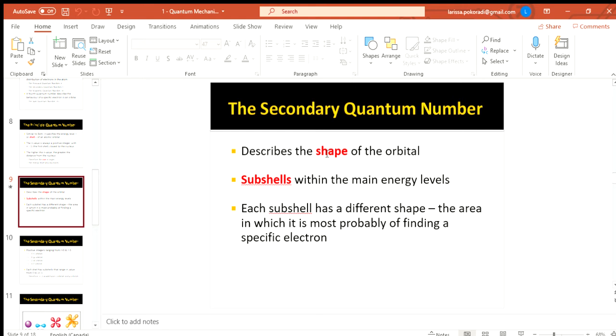So the secondary quantum number is the subshell, but more so what we're seeing is the different shape. Because magnesium, our first example, is such a small element, only 12 electrons, there are actually more shapes than the ones we saw. So we'll get to that in a couple of slides, and I think you can see it off to the corner.